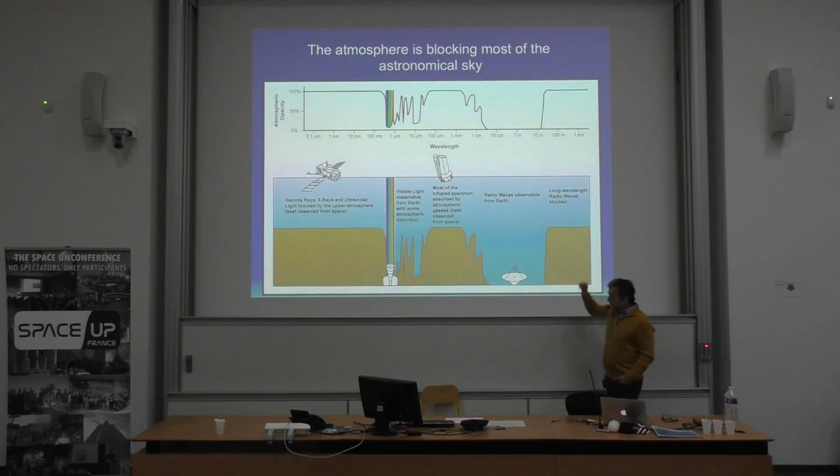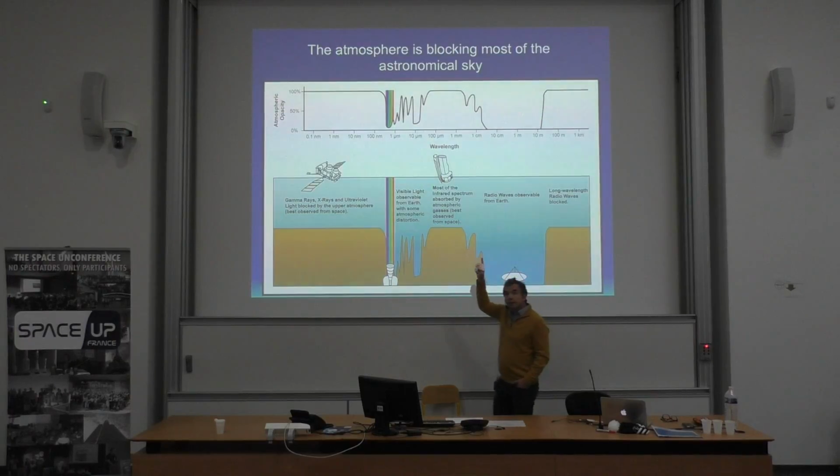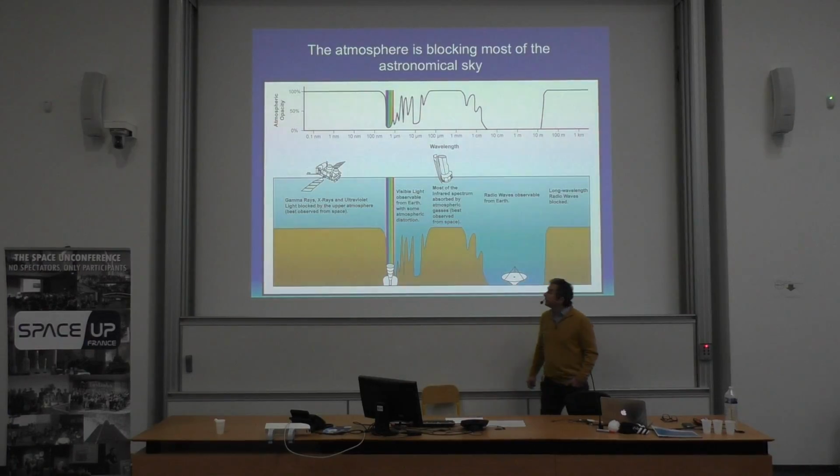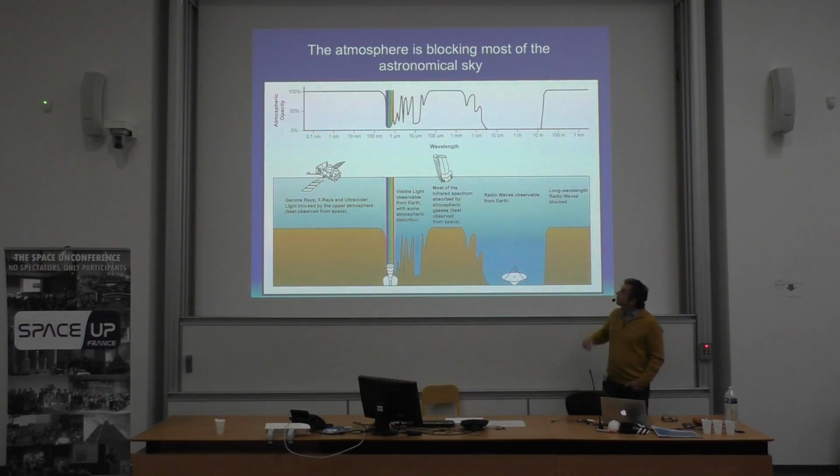So visible light, of course, is here, with the blue to red colors. It's a very small portion of the sky, and of course the atmosphere is transparent here. But at high energies, X-rays, gamma rays, or far infrared energies, and I will use the term far infrared microwave for the same kind of radiation, it is a wide range, and it's the range where the Planck mission has been able to observe.